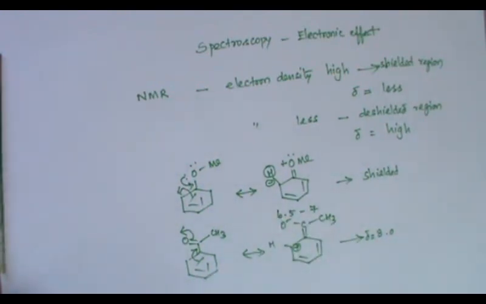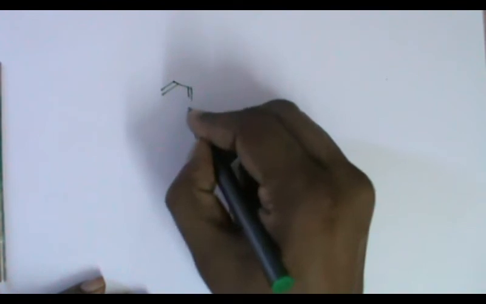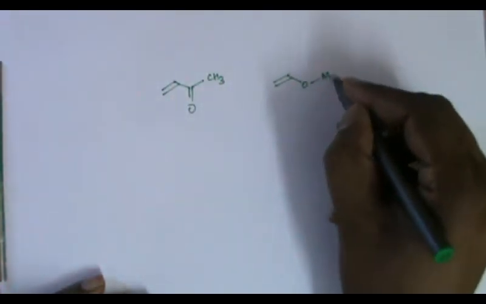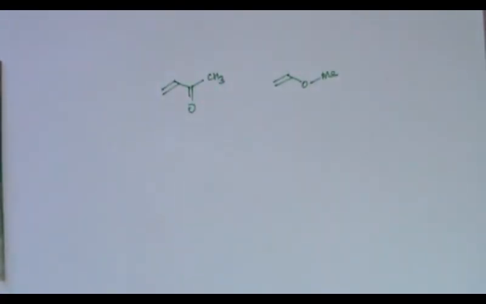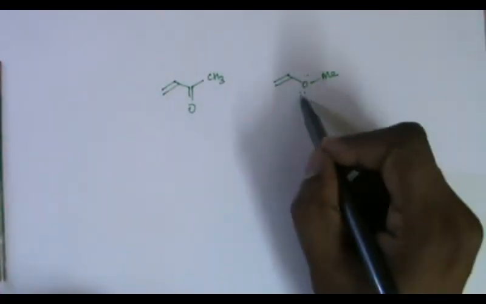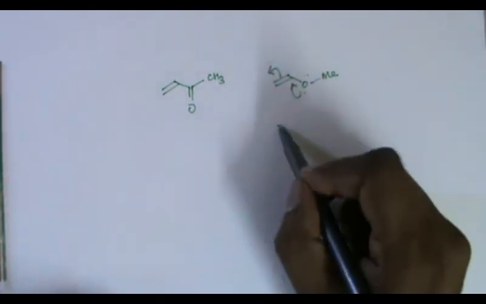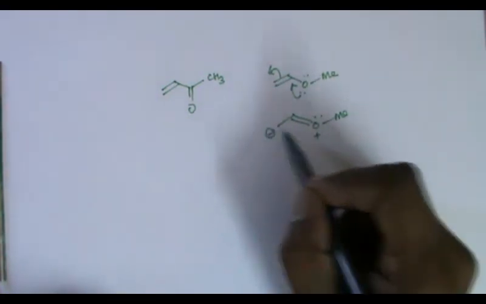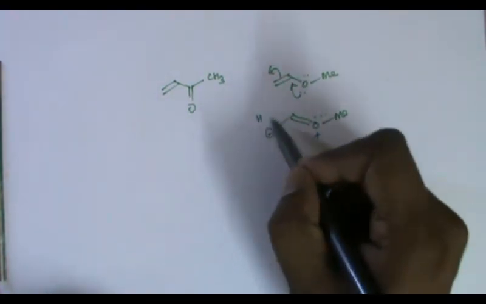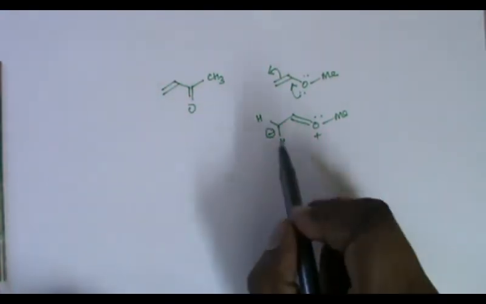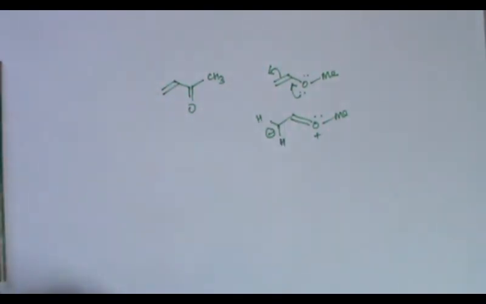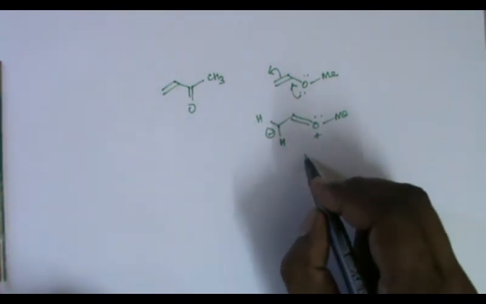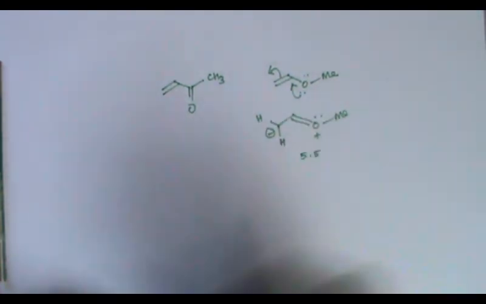between 6.5 and 8. Not only for that compound, even if you take this one and these two compounds, because of the resonance, we get minus charge on this carbon. There are two hydrogens on this. These two hydrogens are expected to appear around 5.5.